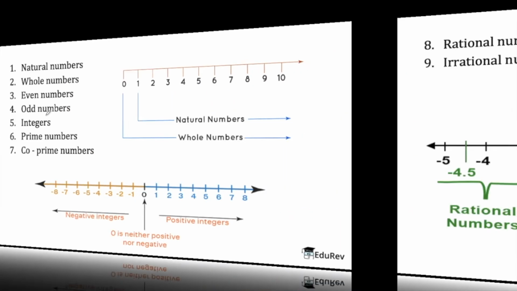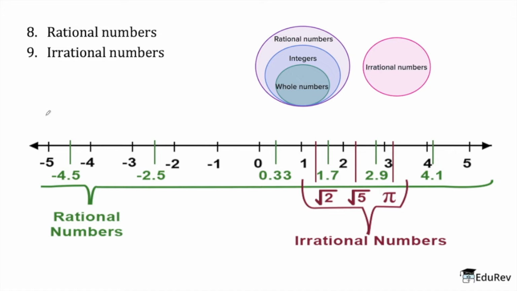So let's move on to the next concept: rational numbers and irrational numbers. Rational numbers are numbers of the form p by q. Any number in p by q form is a rational number. Whenever I talk about p by q form, it implies that q cannot be equal to 0.